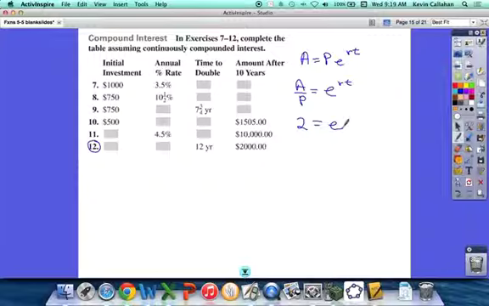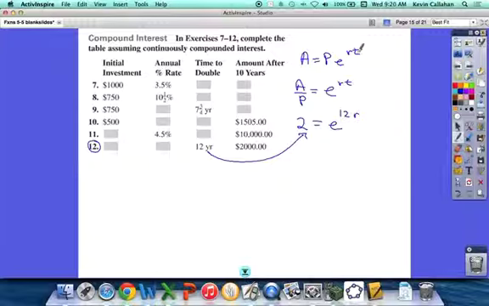2 equals e to the, where am I at? Oh, 12 years, RT, so that is 12 times R. And then I can solve for the R. Then I'll know what the R is. I can go back up here and plug in the R, and then I can use this last bit of information.